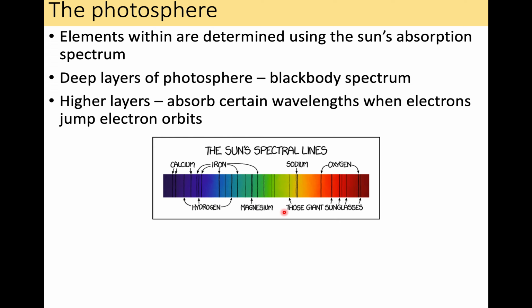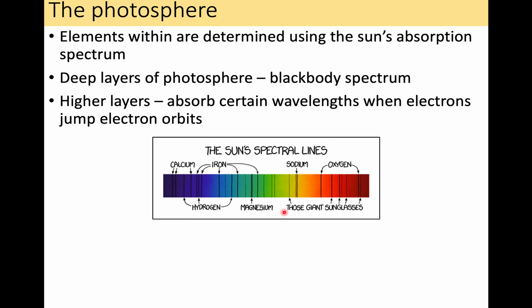So the elements in the photosphere, we're able to determine what the photosphere is made of using the sun's absorption spectrum, of course. So the deeper layers of the photosphere, more towards the center of the sun, we assume to be black body spectrum. The higher layers, however, towards the outermost portion, absorb certain wavelengths when the electrons are jumping orbits.